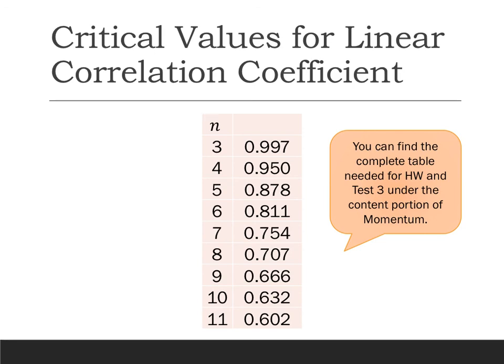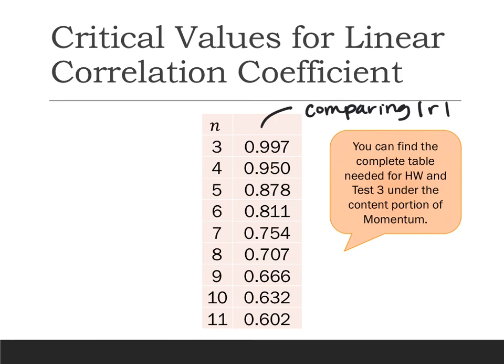So for example, if I only have 3 data points, then I'm going to need a really, really strong or really high number for R. And that could either be positive or negative. So one thing to note is that we are comparing the absolute value of R to this value in the second column.